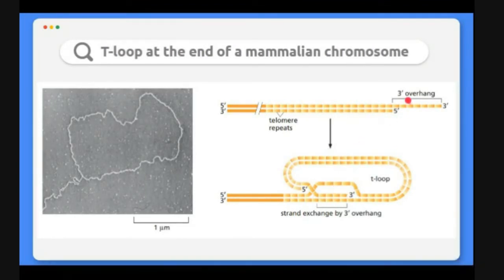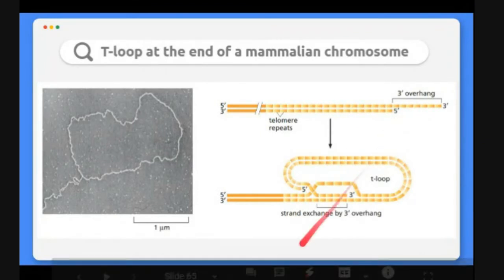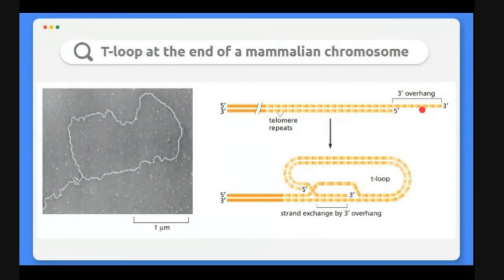Because if you don't protect this, some enzymes might act on this overhang tapos iisipin nila foreign body yon or ia-attack nila and pwede kang magkaroon ng sakit. And yon. So what your chromosomes does is that it tucks this overhang in between your DNA strands here in your telomere region. So therefore, magkakaroon ka ng T-loop.